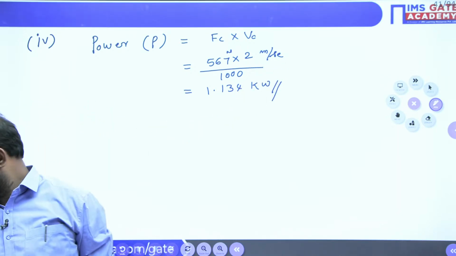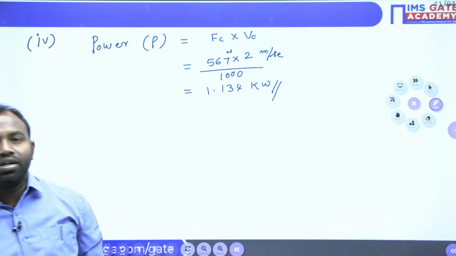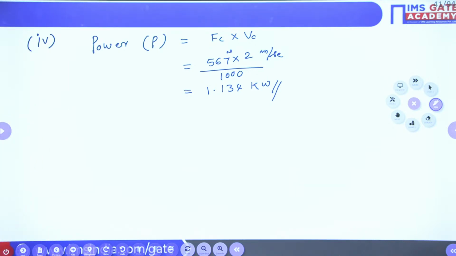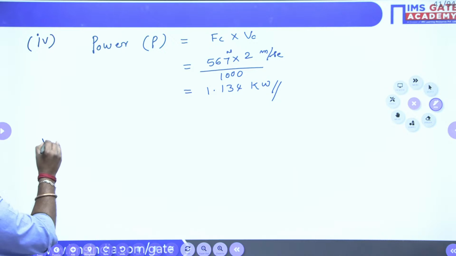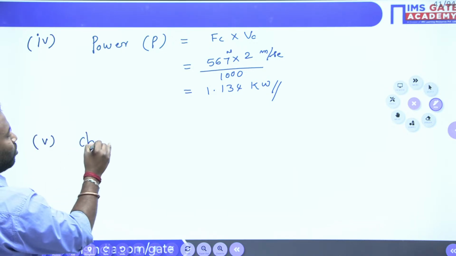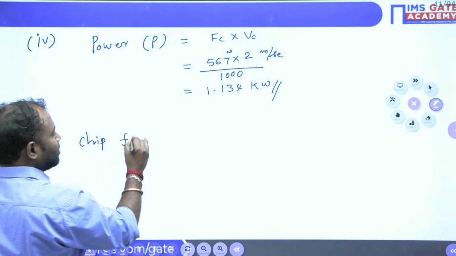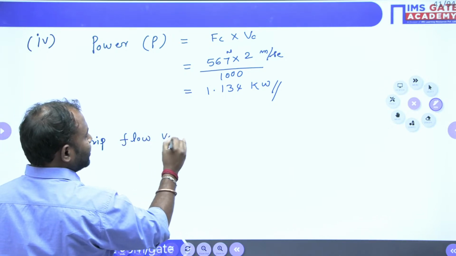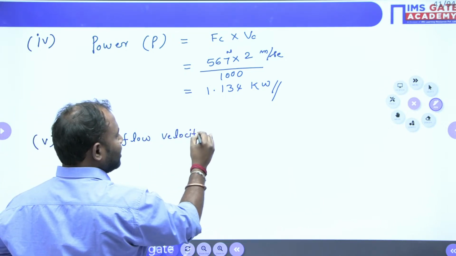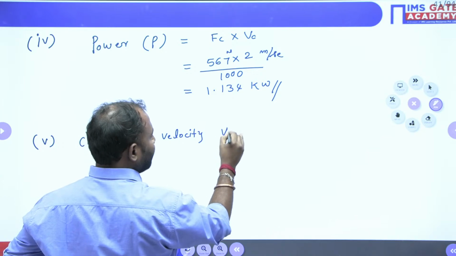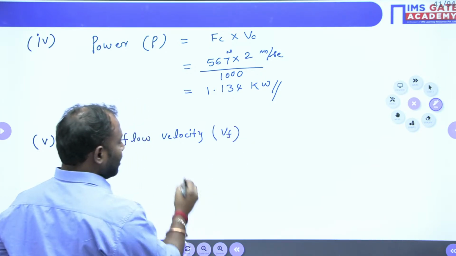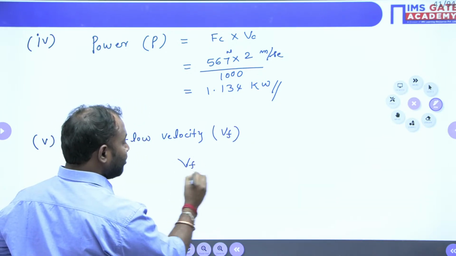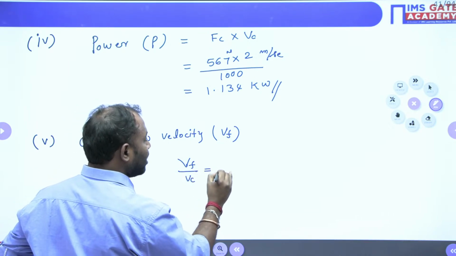Clear, everybody? Right. Next is chip flow velocity we have to find. We know the formula that chip flow velocity is VF. Now we have a relation that VF by VC is equal to r.